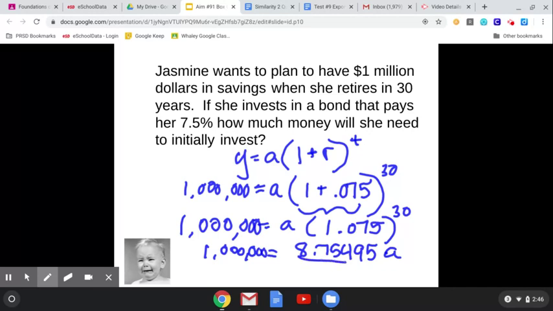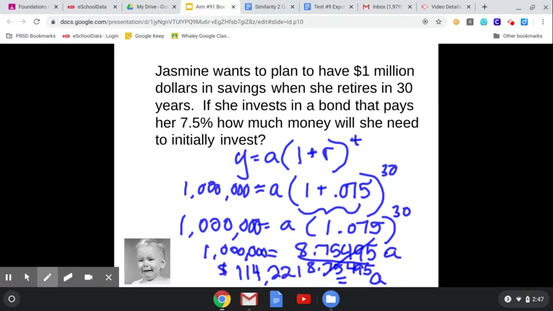So I just simply divide by this, 8.75495. Take 1 million and divide it by that, and A will be all by itself, and then we'll know the initial amount. So 1 million divided by 8.75495 looks like $114,221.